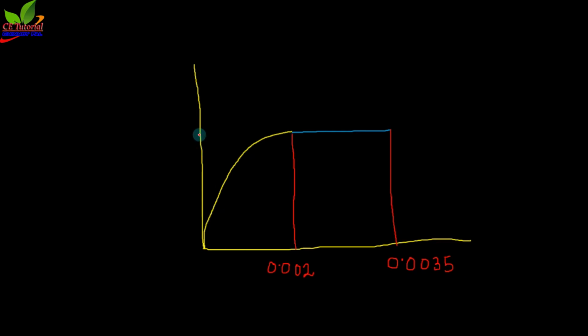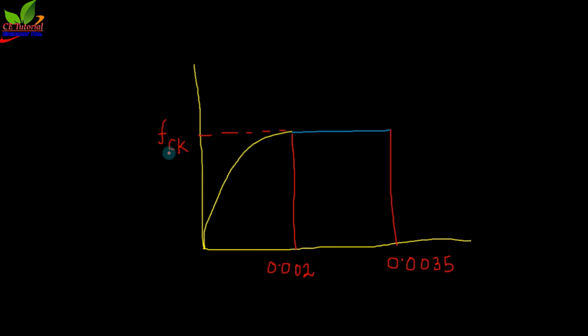And this maximum stress value we denote as fck. So what should be the fck value? If our concrete is ordinary concrete, then the fck value is 10 or 15 or 20. If our concrete is standard concrete, then the fck value will be 25 or 30 or 35 or 40 or 45, up to 60.